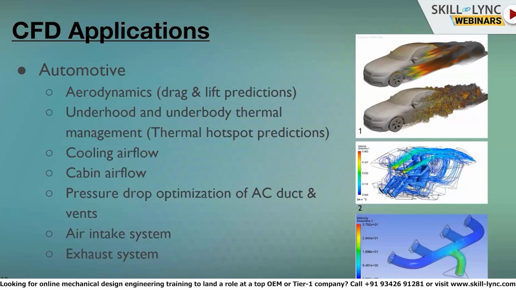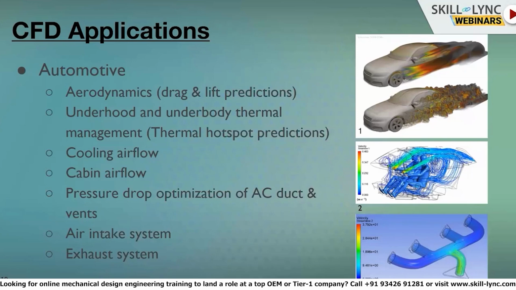In automotive, the first and foremost application is the drag and lift prediction of the vehicle you are designing, be it a truck, a car, a bus, whatever it may be. The second is the underhood and underbody thermal management of a car, bus, or truck. You have a lot of plastic components, rubber hoses, and sensors in your engine bay and on the underbody.